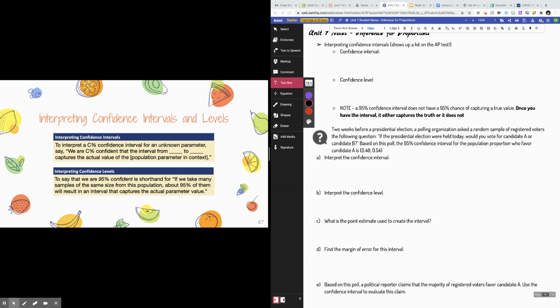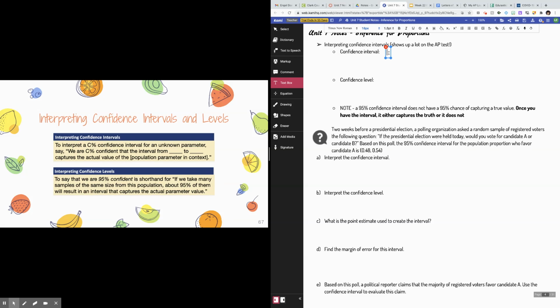Okay, there is a lot of interpreting and a lot of word formulas in inference. So in these confidence intervals, confidence levels, and when we get into hypothesis tests, same thing. Okay, so here are your word formulas for interpreting confidence intervals and interpreting confidence levels.